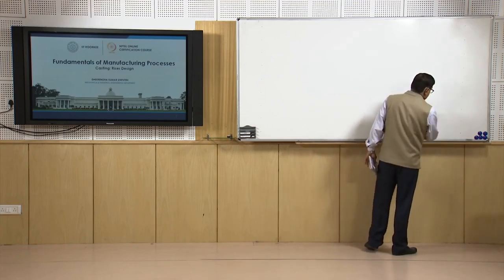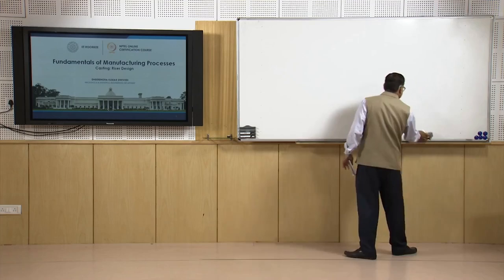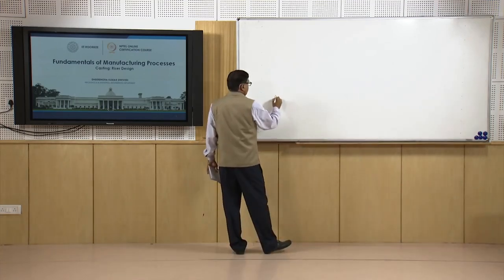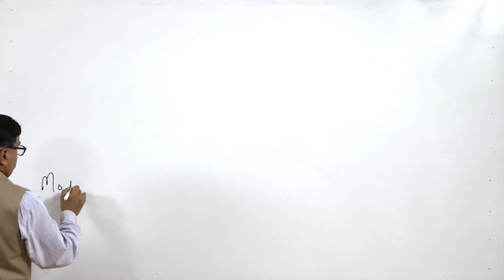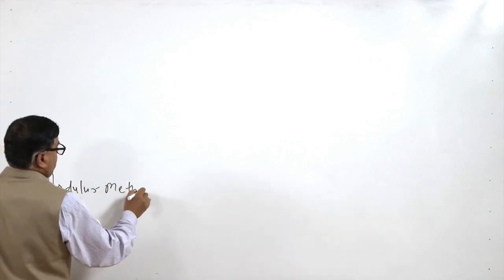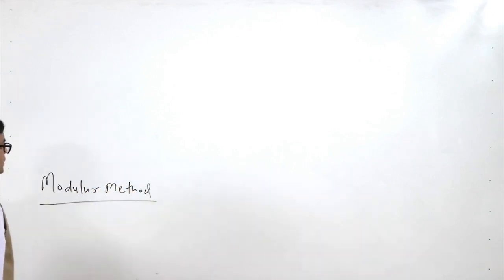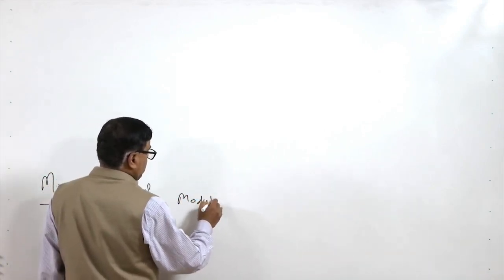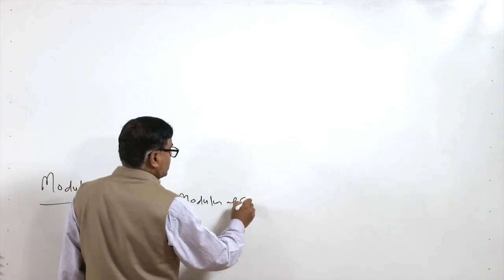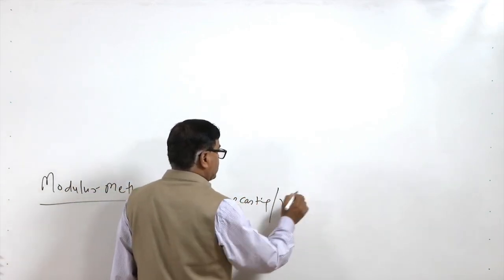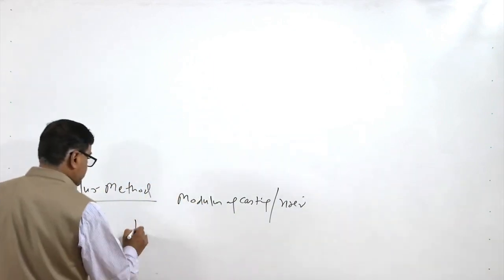There is another method of riser design, and that is called the modulus method. This basically determines the modulus of the casting and the modulus of the riser. What is the modulus basically?